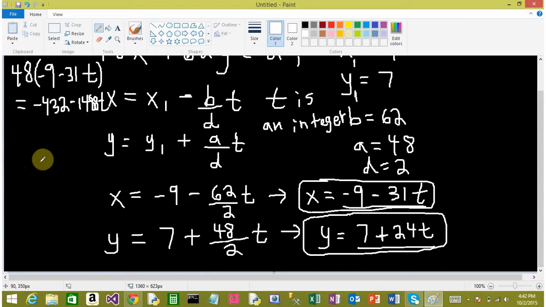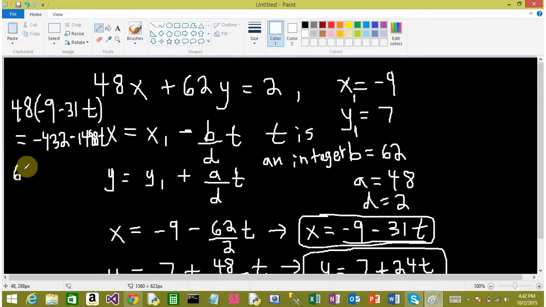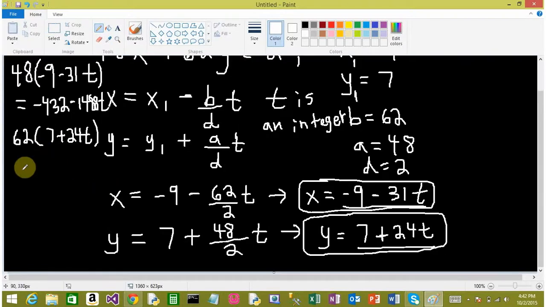Okay, and now we do the next thing. We do 62 multiplied by that y, 7 plus 24t. So 62 times 7, that's 434, plus 62 times 24t, and that'll be 1488t.